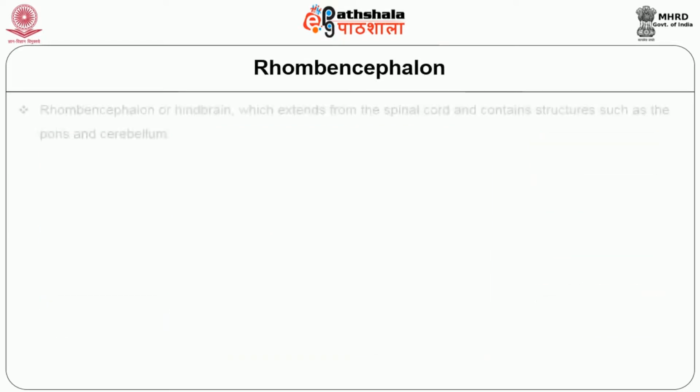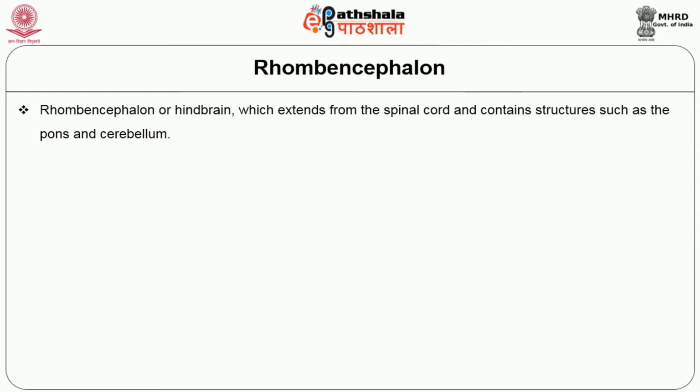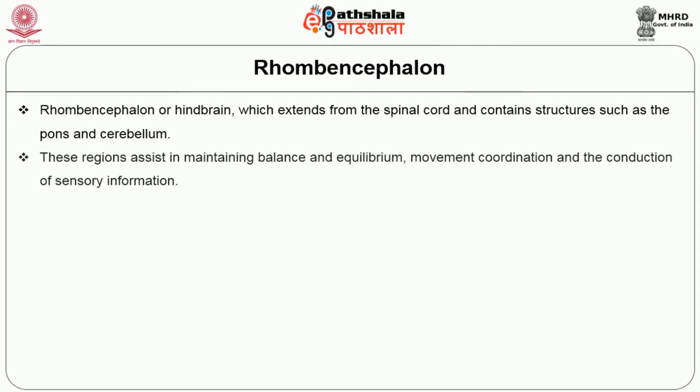The third one, Rhombencephalon or hindbrain, extends from the spinal cord and contains structures such as the pons and cerebellum. These regions assist in maintaining balance and equilibrium, movement coordination, and the conduction of sensory information.